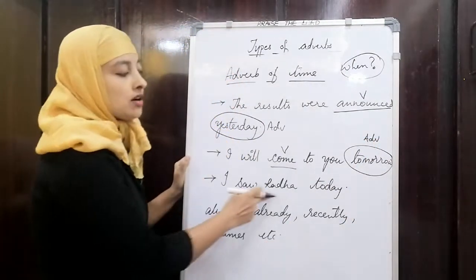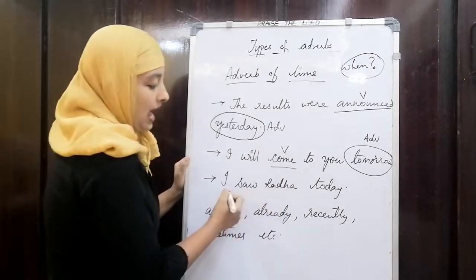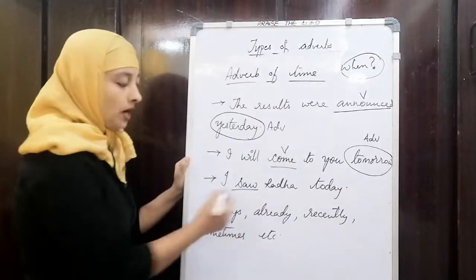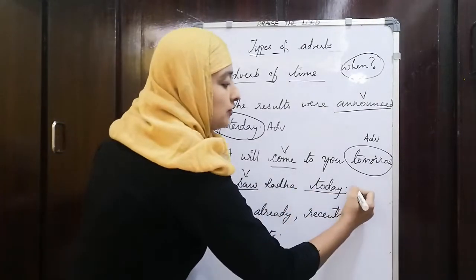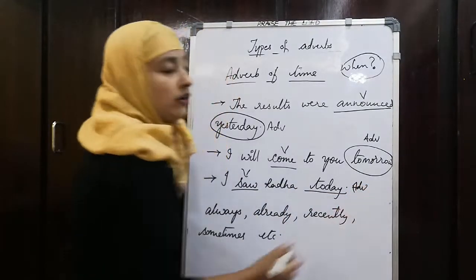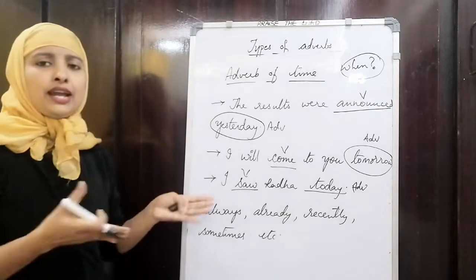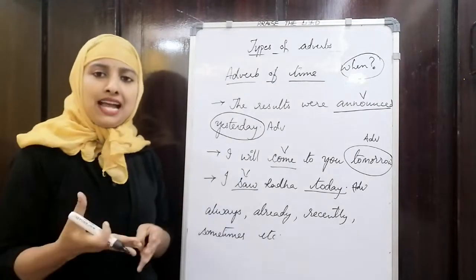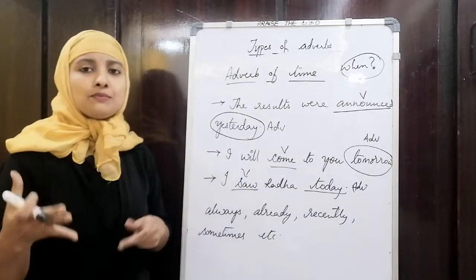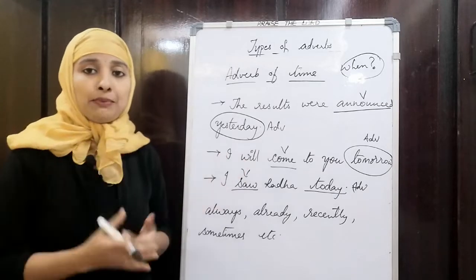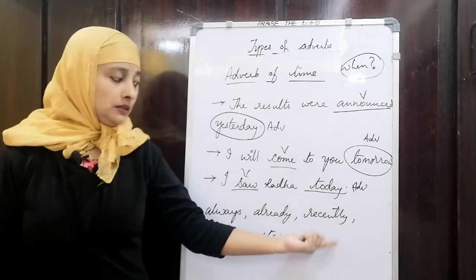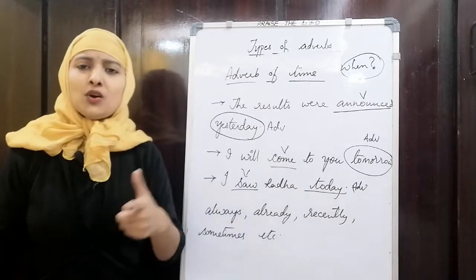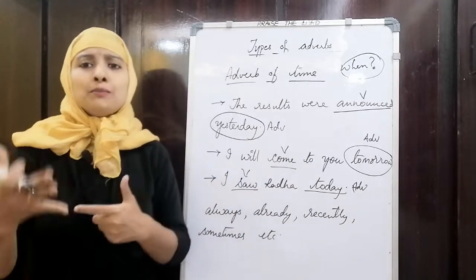Next, I saw Radha today. Saw is the verb. When did you see Radha? Today. So this becomes an adverb of time. Not only today, tomorrow, yesterday, there are many other words like always, sometimes, depending upon how they are placed. Always, already, recently, seldom, some words which we mostly use.